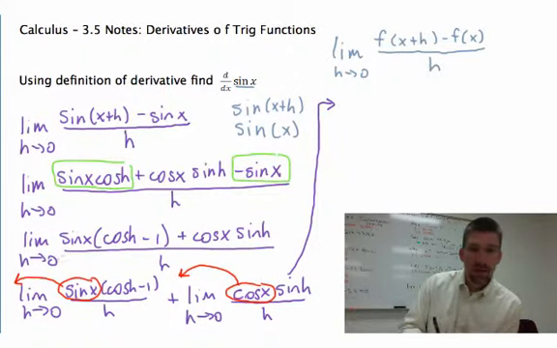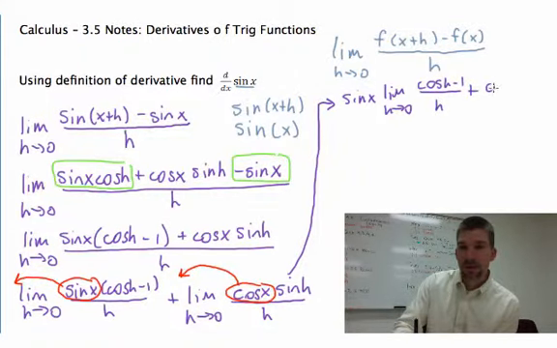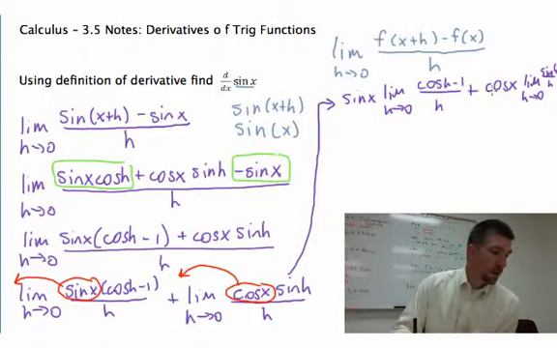And so what I end up with is sine x times the limit as h approaches 0 of cosine h minus 1 over h, plus cosine x times the limit of sine h over h. Running out of room. Sine h over h. Okay. All right, not a big deal.